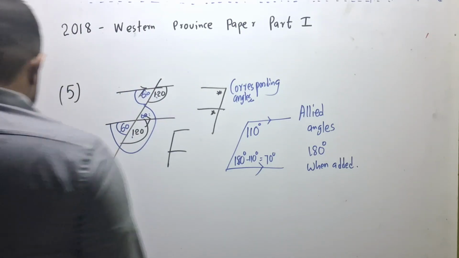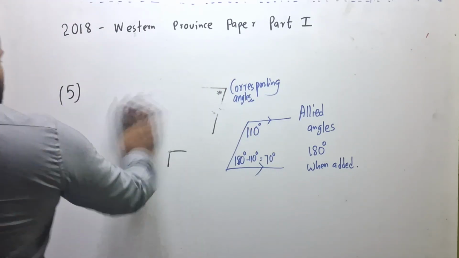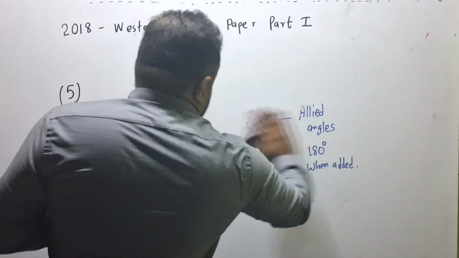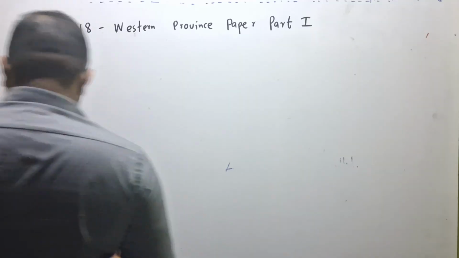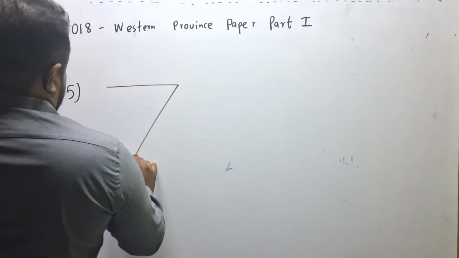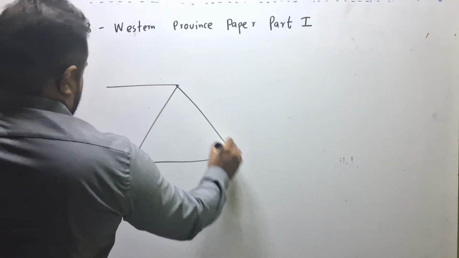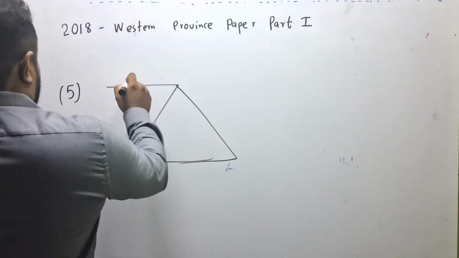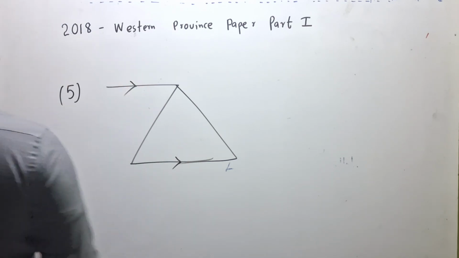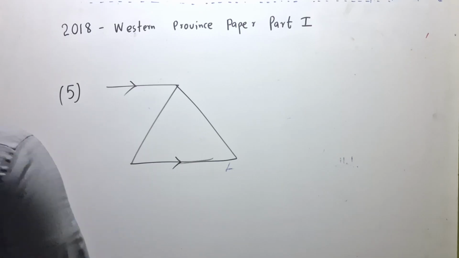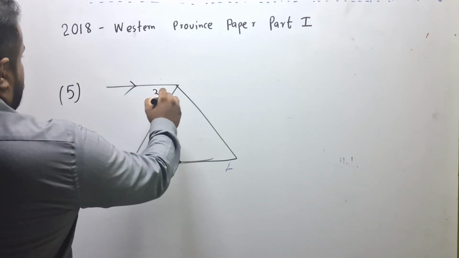In this question, they have given a figure like this. They have given that the upper line is parallel to the lower line and this angle is 30.